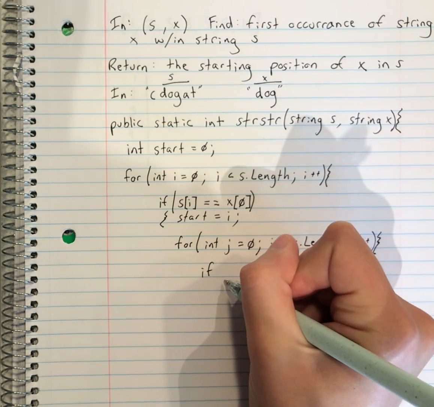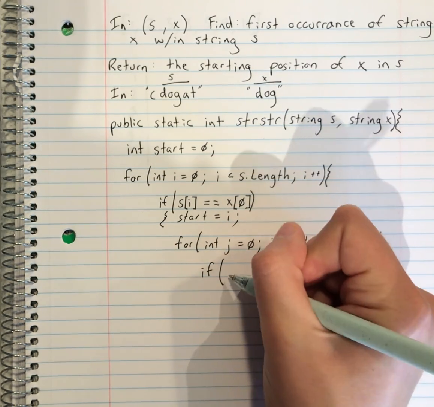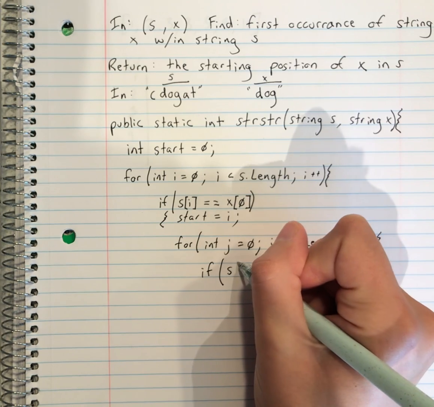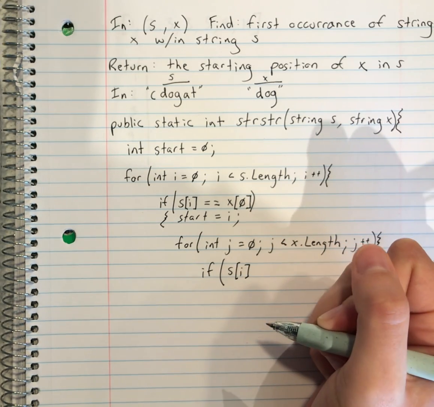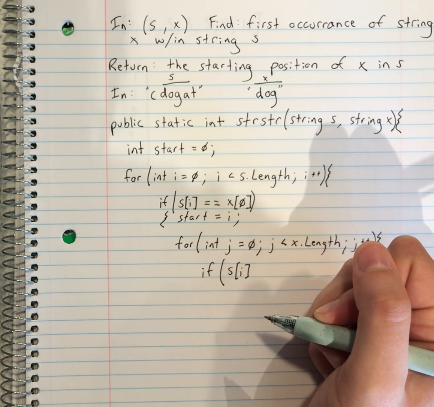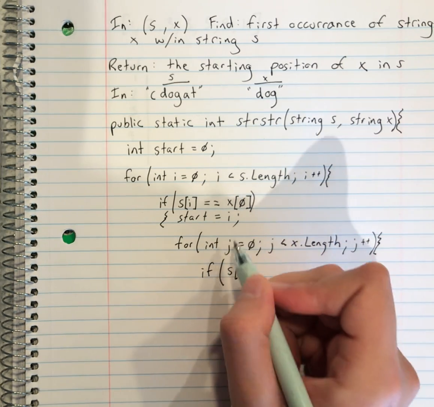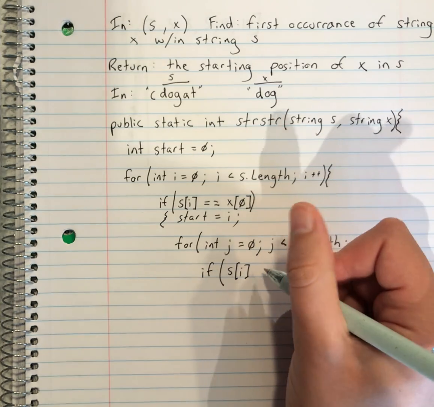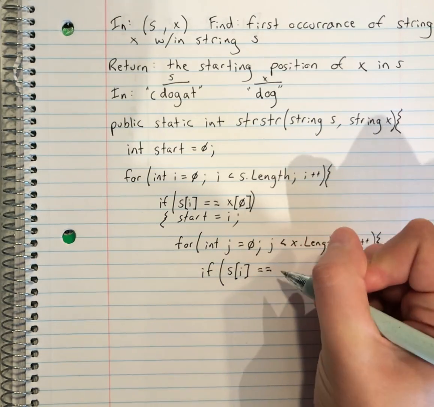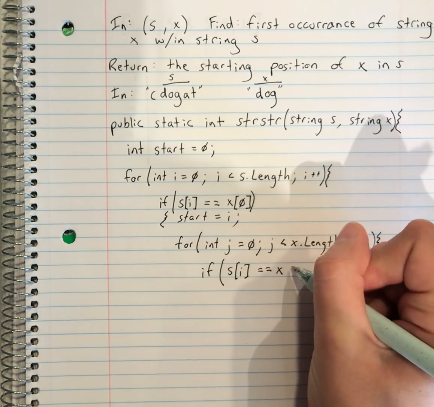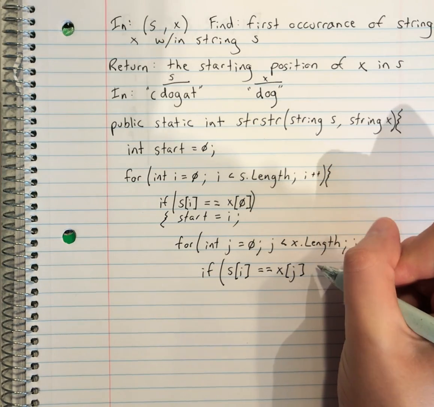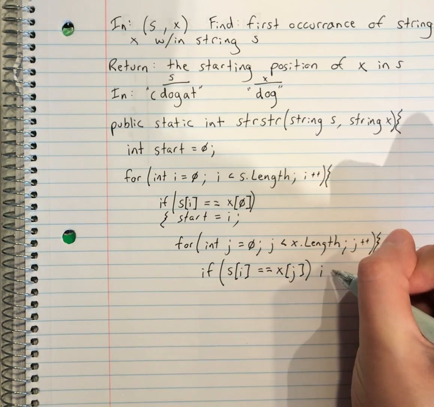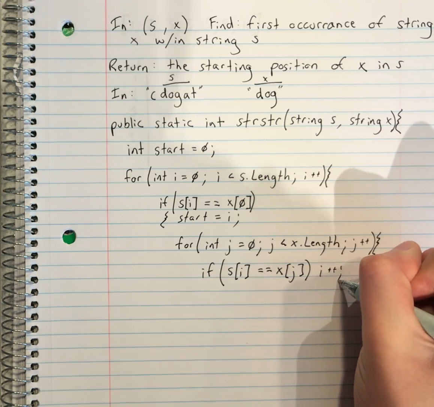If the ith element of s is equivalent to the jth element in x, then I'm going to increment i.